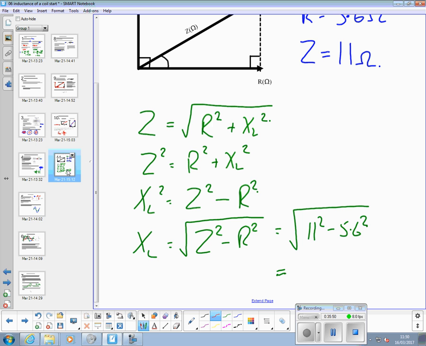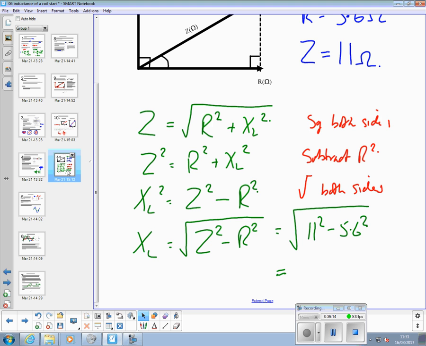Now write what we usually put, square both sides. Subtract R squared, square root both sides.